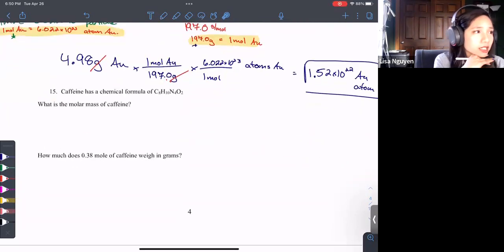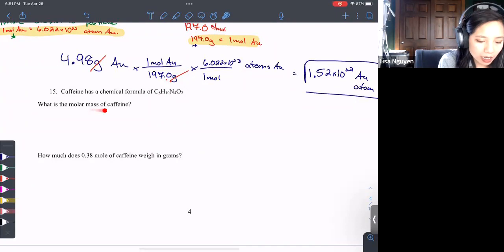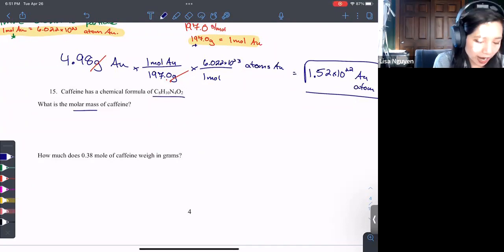Okay, so this next one, same idea. It's just now we're working with molecules. With gold, we worked with the molar mass of just one element, but when we scale up to molecules, it's still applied the same way. We just need to consider all of the different elements present in a specific molecule. So here I give you the chemical formula of caffeine, and I want the molar mass.